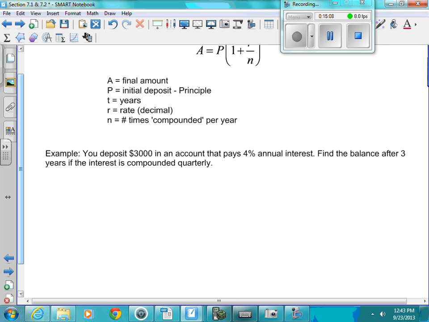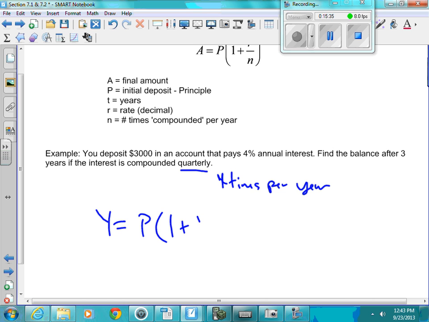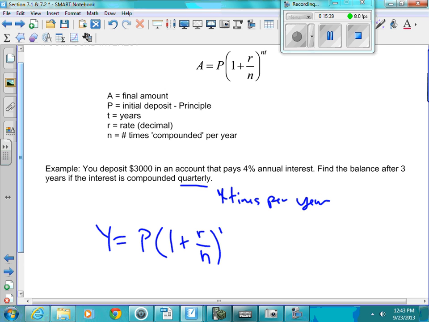So you deposit $3,000 in an account that pays 4% annual interest. That's a good investment these days. Find the balance after 3 years if the interest is compounded quarterly. Quarterly means 4 times a year. So keep that in mind. We're going to use that when we see it so many times per year. We know it's going to be this new compound interest formula, r over n, to the n times t.